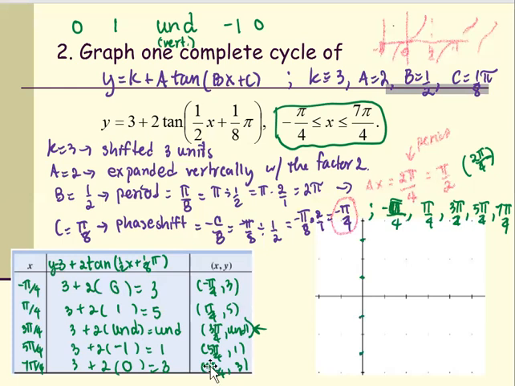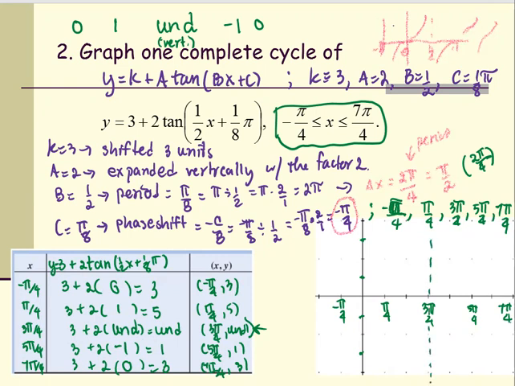And then the scale of the x-axis: -π/4 here, this is π/4, 3π/4, 5π/4. So we have the asymptote appearing at 3π/4.